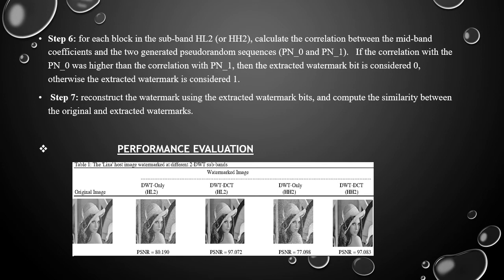Otherwise, the extracted watermark bit is considered as 1. Then step 7, reconstruct the watermark using the extracted watermark bits and compute the similarities between the original and extracted watermarks.